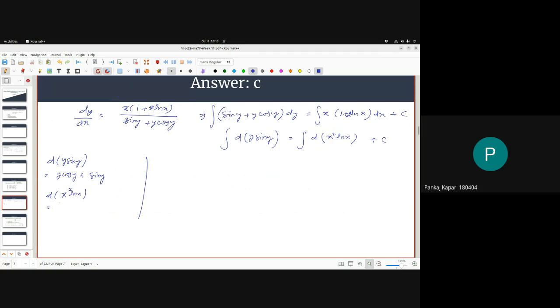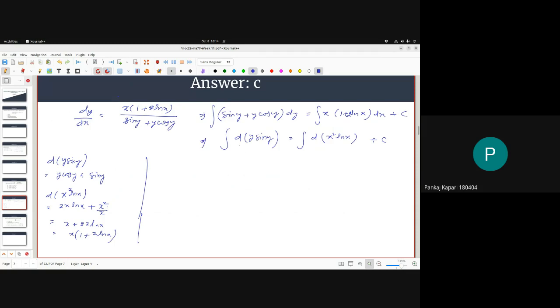So differentiate x square, which is 2x, then ln x, plus differentiate logarithm of x, then you will have to divide it by x, and then this will turn out to be x plus 2x log x, which is same as, take x common in bracket, you have 1 plus 2 log x, right? So we can write this equation like this.